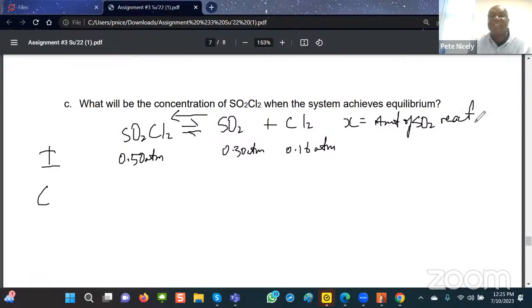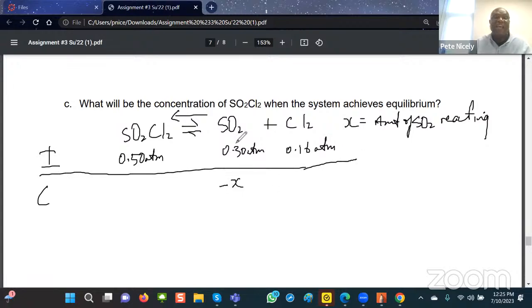So if X represents that, that means the change for the pressure of SO2 will be minus X, and because there's a 1-to-1 ratio between SO2 and Cl2, this would also be minus X. And because there's a 1-to-1 ratio also between the SO2 and the SO2Cl2, that would be plus X, because the reaction is shifting in the direction of the SO2Cl2.